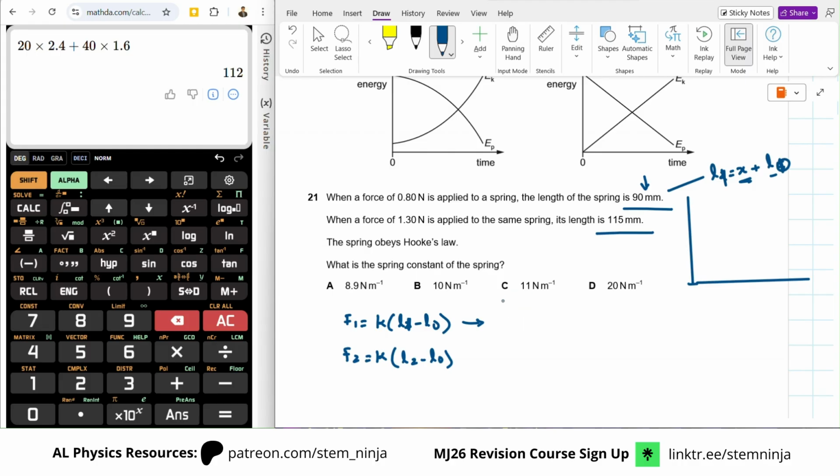So F1 is 0.8 newtons, K is a constant, L1 minus L0, where the spring length is 90 millimeters, and we need to represent this in meters. So 90 divided by 1000.